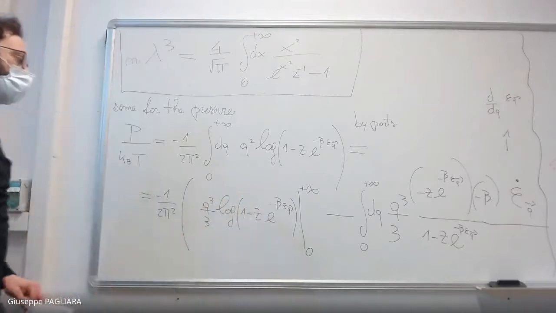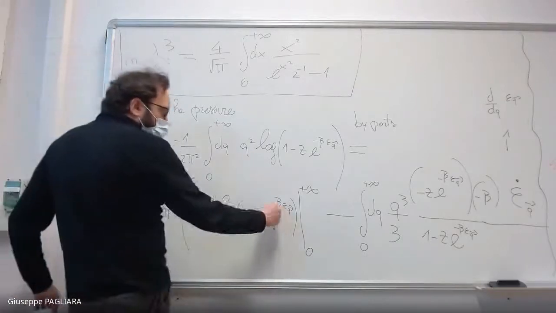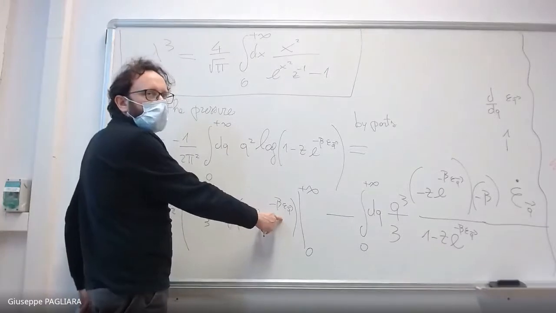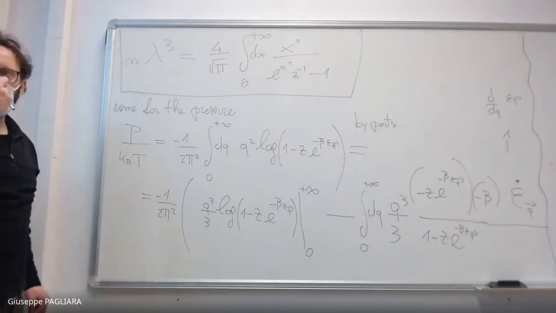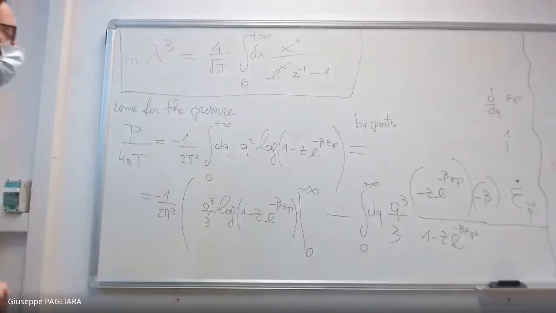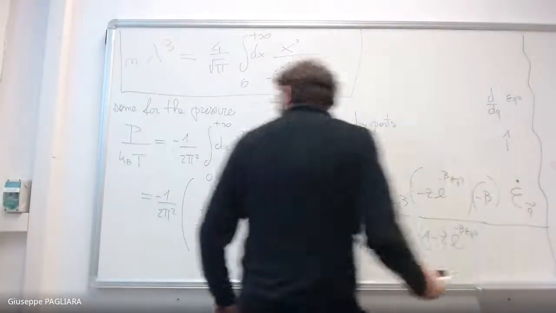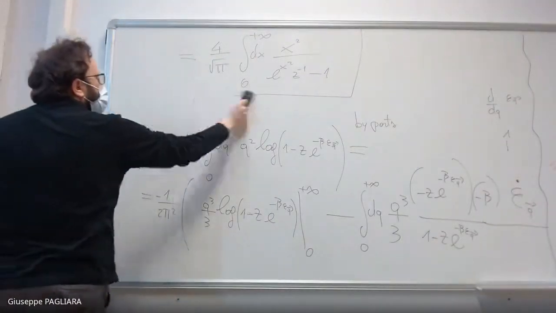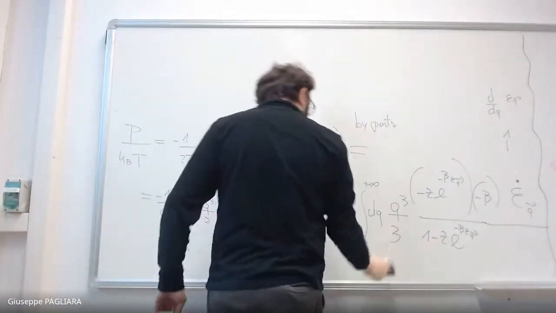In the limit in which q goes to plus infinity, this quantity approaches 0, and I can use the expansion of the log: log of 1 plus x is x for x infinitesimal. Therefore I have an exponential suppression at q going to infinity of this function. So I should have just the second term.